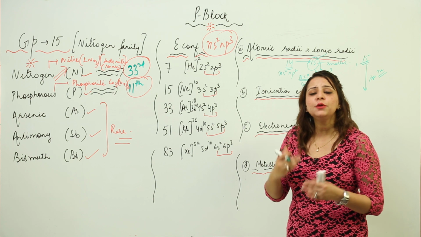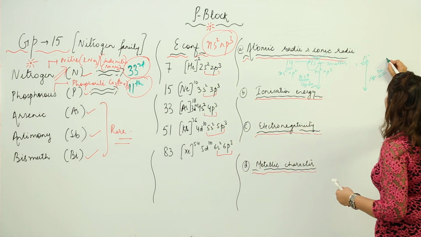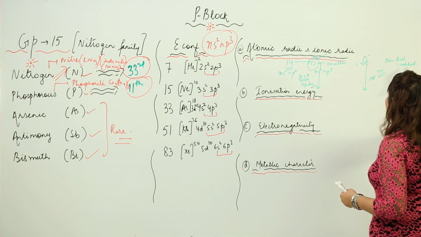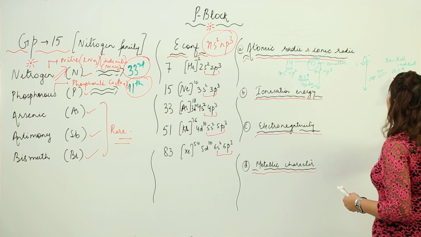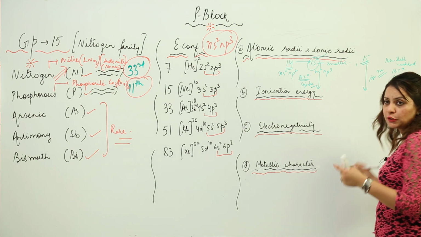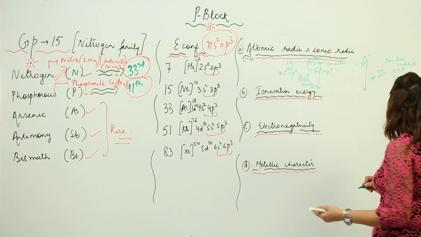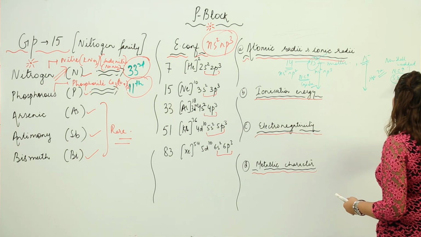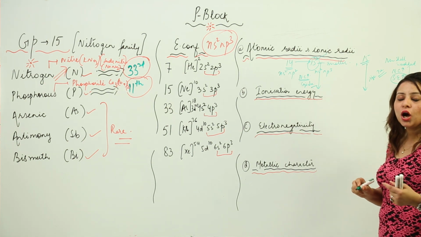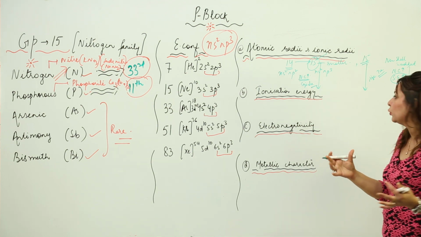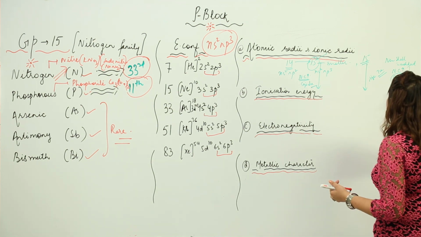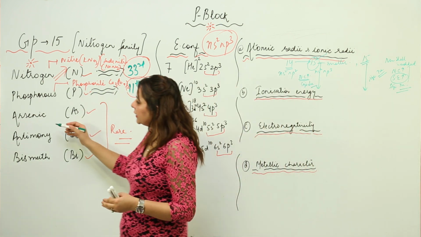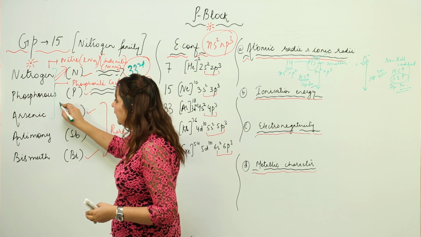So every time a new shell is being added, the nuclear charge and the shielding effect also increase, because filling of inner shell electrons takes place. The shielding effect is so pronounced that it causes expansion of the electron cloud, so the size increases. In general, from nitrogen to phosphorus to arsenic, there is a gradual increase in size.